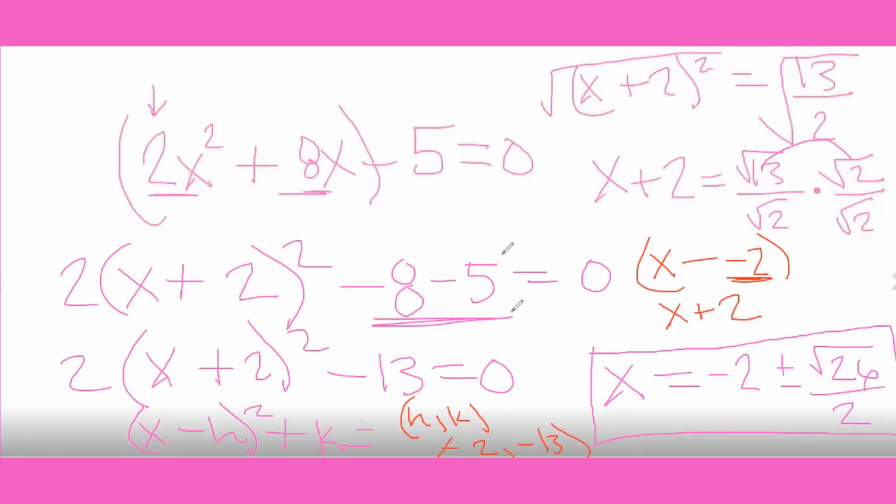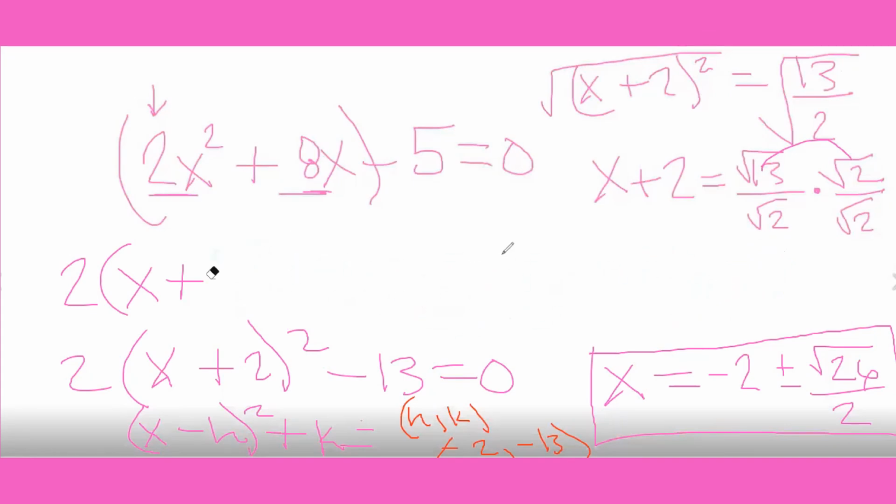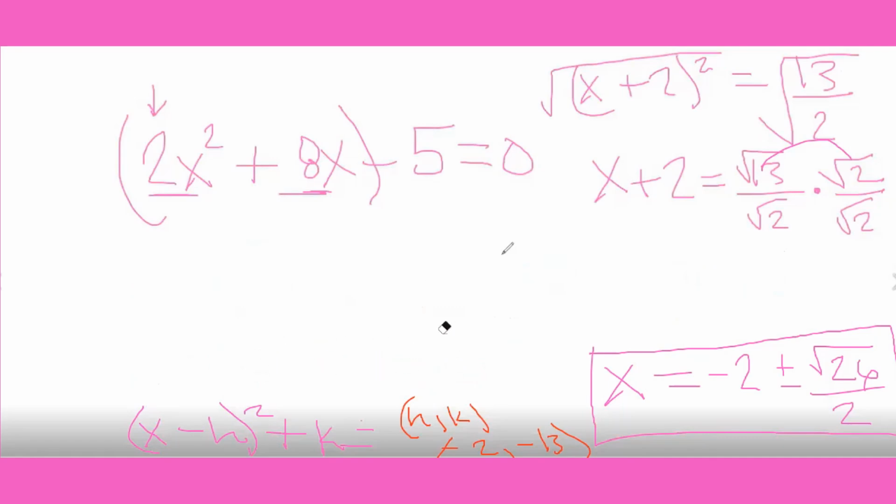So real quick here, if I graph that parabola, that just means that my vertex is here at negative 2, negative 13. And I know that my first coefficient is positive, so that means it would be something like this.